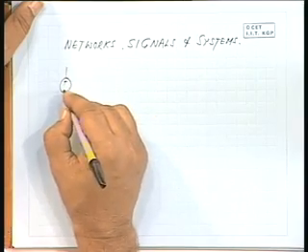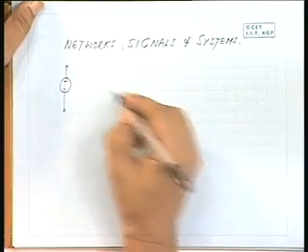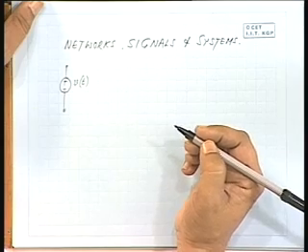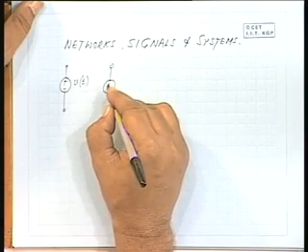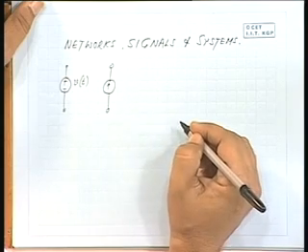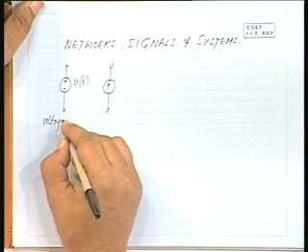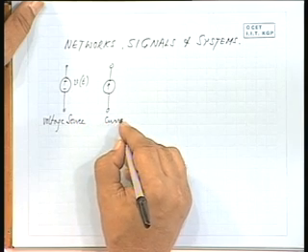A voltage source is normally shown like this. A symbol for a voltage source is like this, symbol for a current source is like this. So, this is a voltage source, this is a current source.